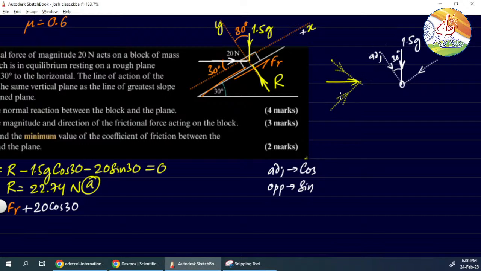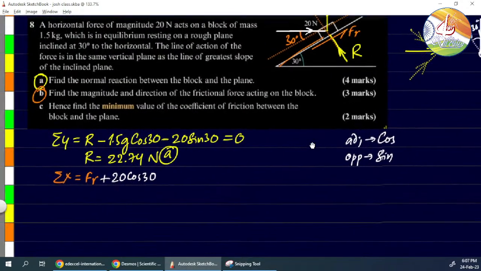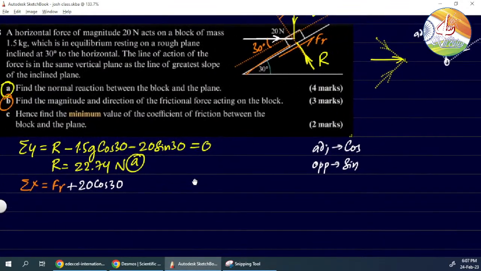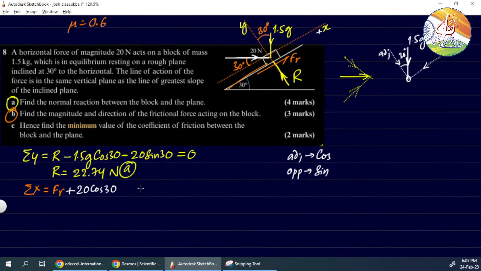But we want the x component, and we are coming in opposite. So 1.5g sine, that is 1.5g into sine of 30.